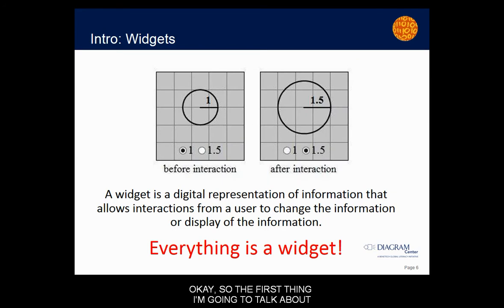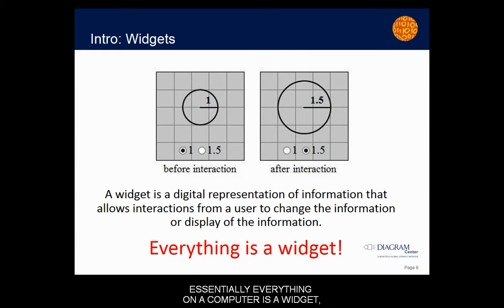So the first thing I'm going to talk about is the content that I was looking at in this project. We were looking at widgets, which is a buzzword which I think can best be summed up in a very general statement. A widget is a digital representation of information that allows interactions from a user to change the information or display of the information.